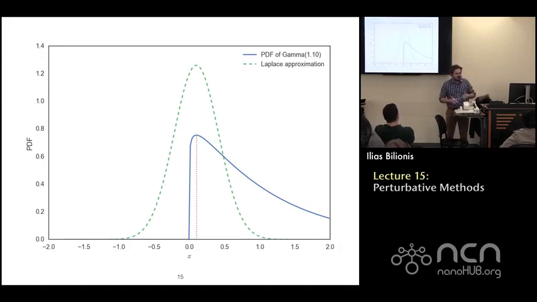The answer is because to find these things, you may have to integrate, and you don't want to integrate. This approximation gives you the mean by solving an optimization problem, which is simpler than integrating. And it gives you the variance by just taking a derivative, which is also simpler than integrating.